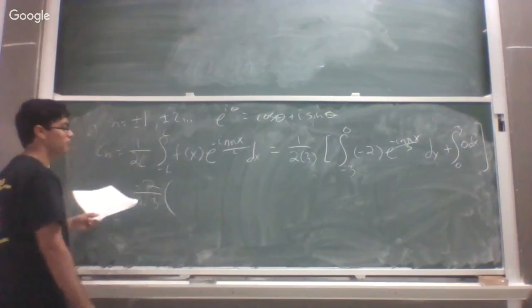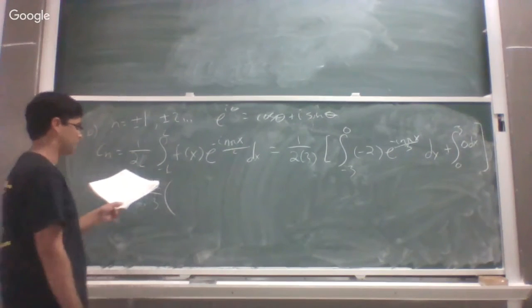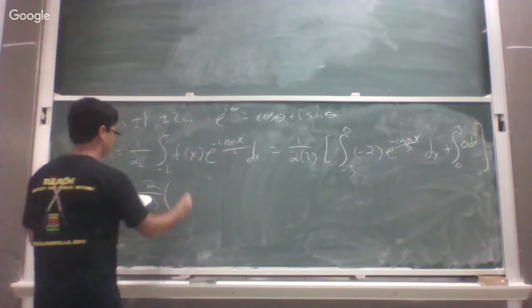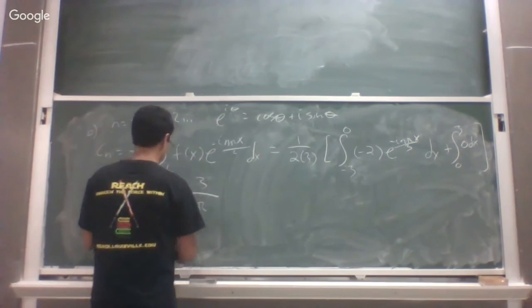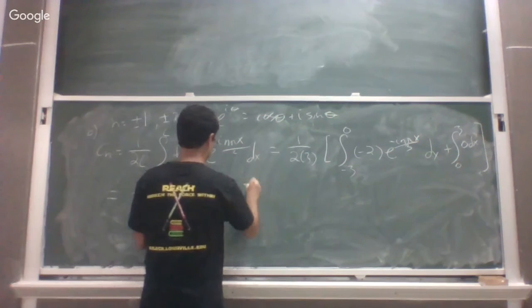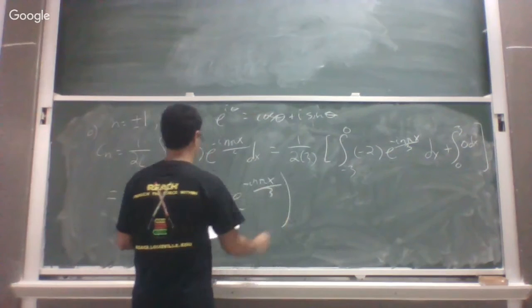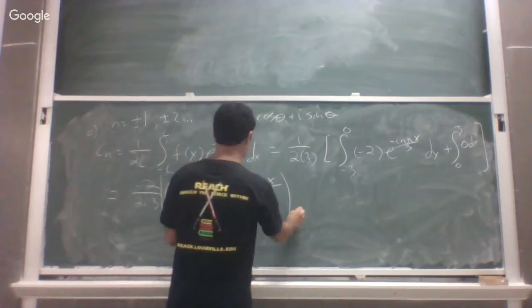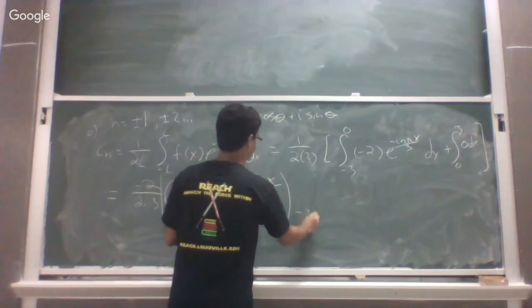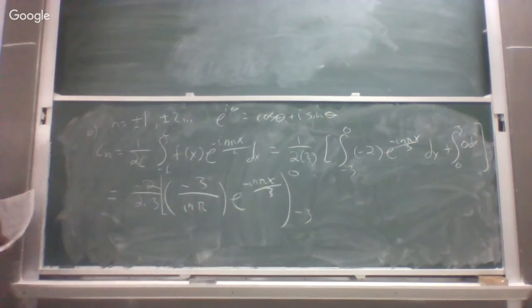So then we have a negative 2 divided by 2 times 3. And then if we do the integral of that, we have to write the upside down of what e is to the power of. We have negative 3 divided by I n pi times e to the negative I n pi x divided by 3, essentially going from negative 3 to 0.